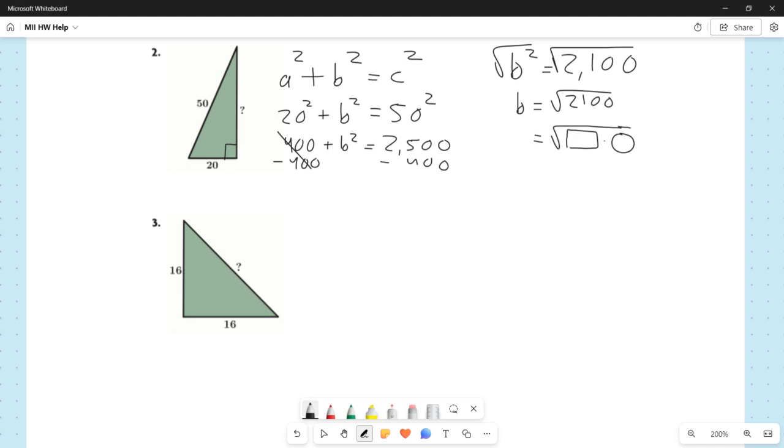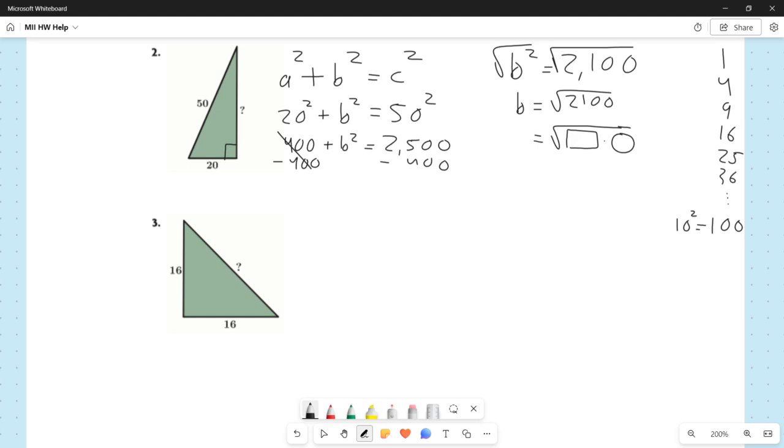As a reminder, my square numbers are 1, 4, 9, 16, 25, 36, and so on, because we have 1 squared, 2 squared, 3 squared, 4 squared, 5 squared, 6 squared. So these are the square numbers. And it turns out that in this situation, 100 is a square number because it's 10 squared. And 100 goes in evenly into this number.